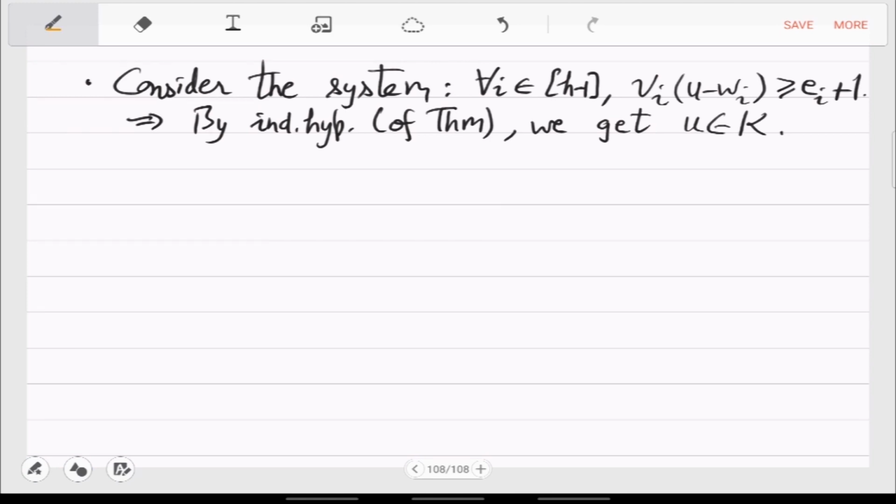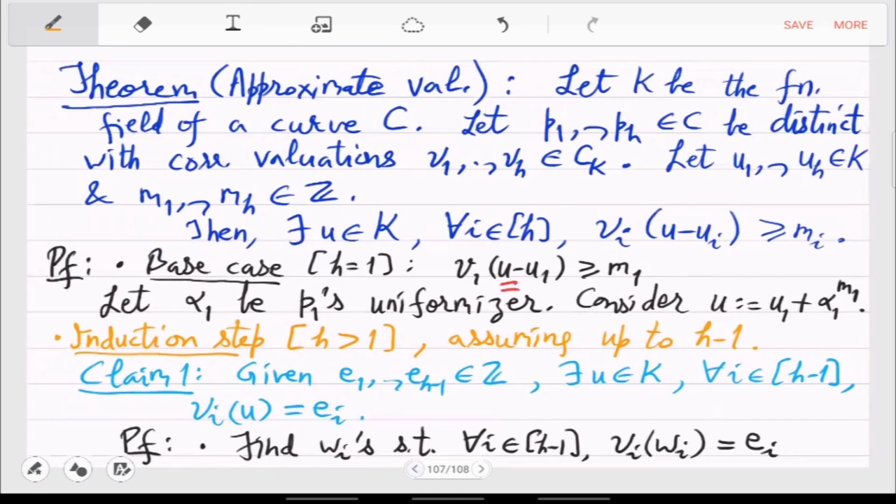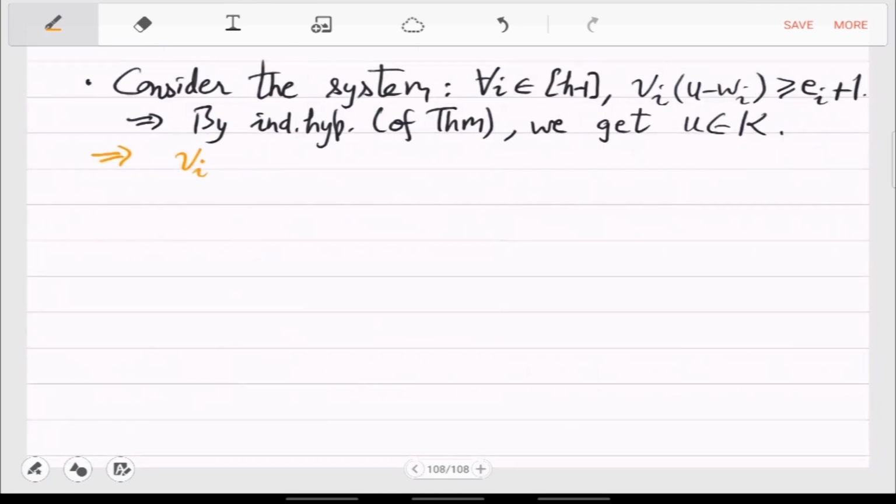Which means what? Which means that the valuation of, what was claim 1? You want to look at the valuation of u. So what is the valuation of u? The valuation of u is the valuation of u minus Wi plus Wi, and now you use the additive nature of the valuation. So u minus Wi has valuation Ei plus 1 or more, while Wi has valuation only Ei.